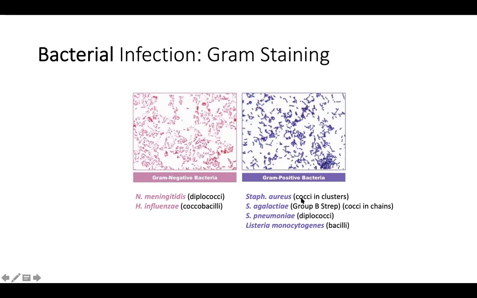So Staph aureus is cocci in clusters. Group B strep is going to be in chains. Strep pneumo is diplococci, and then listeria is going to be bacilli. So know that diplococci is in strep pneumo and Neisseria. They're both that, but they're different colors. Okay, just make sure you know this.